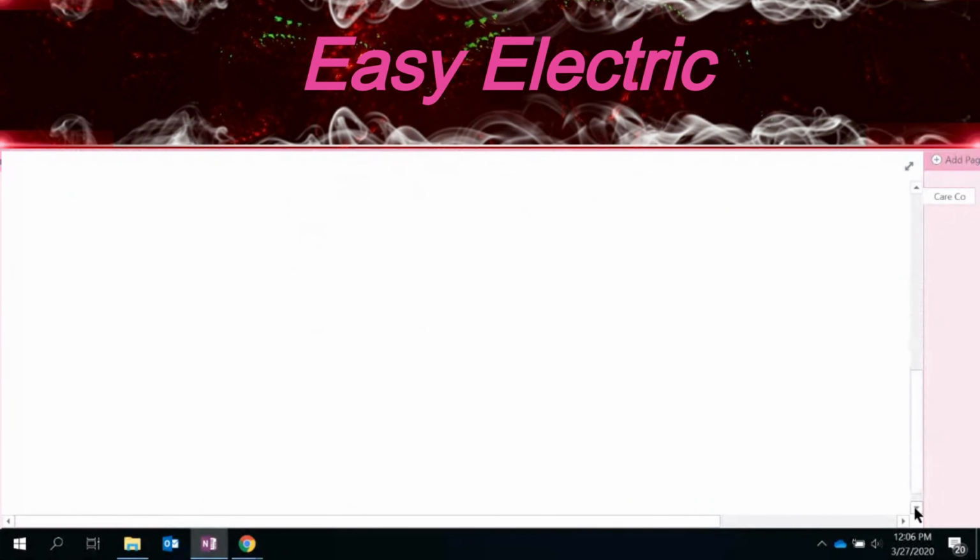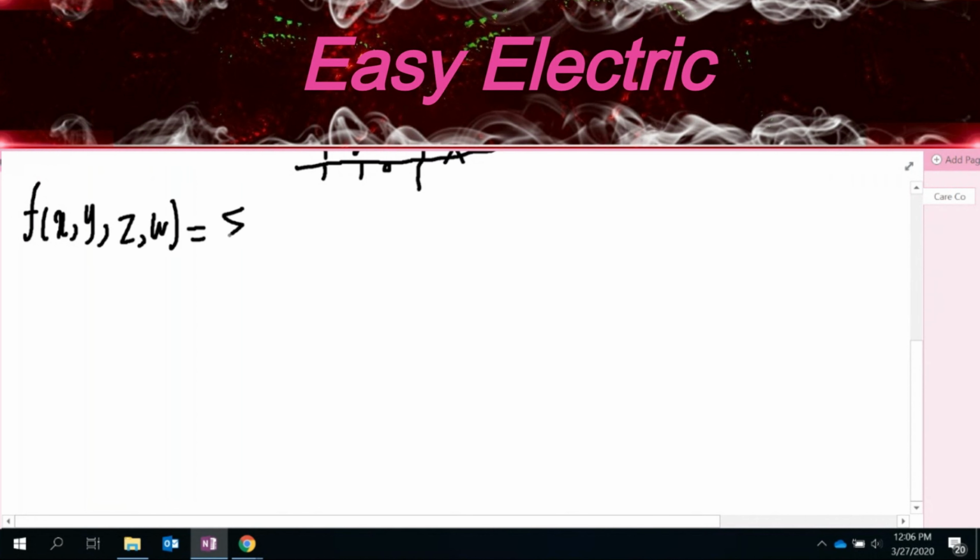Okay, so let's have one example which clearly shows what I'm talking about here. You have this function f of x, y, z, w, equal to sigma minterm 1, 2, 4, 5, 7, and 15.